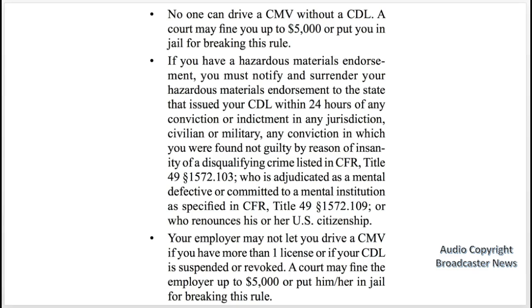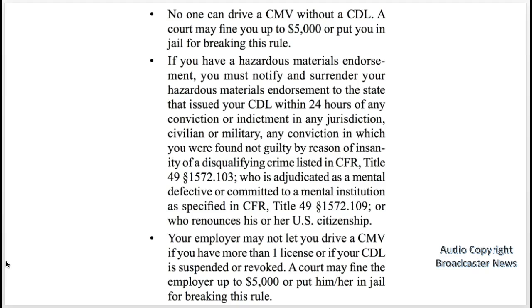Any conviction in which you were found not guilty by reason of insanity, or a disqualifying crime listed in the CFR title 49-1572.103, who is adjudicated as a mental defective or committed to a mental institution as specified in CFR title 49-1572.109, or who renounces his or her United States citizenship.